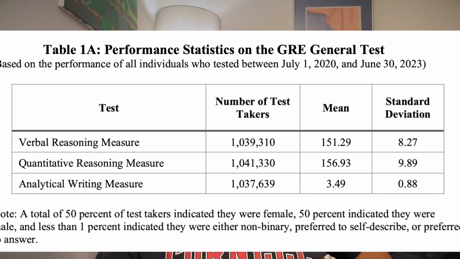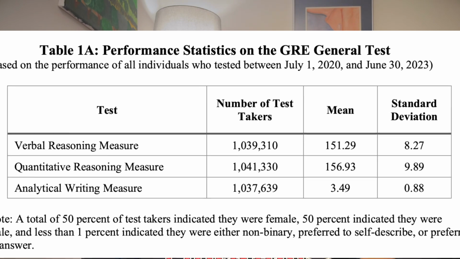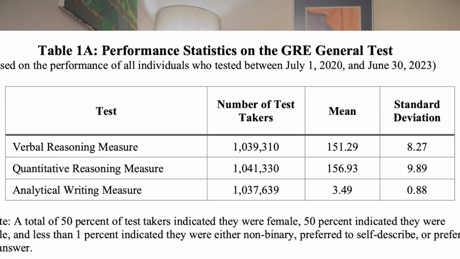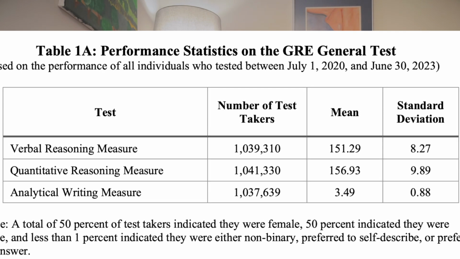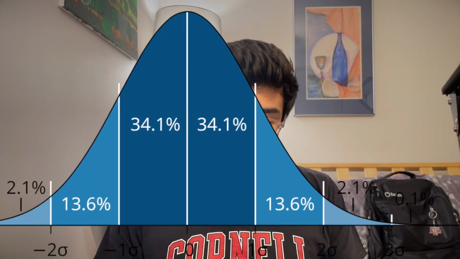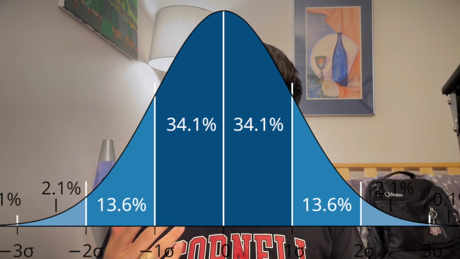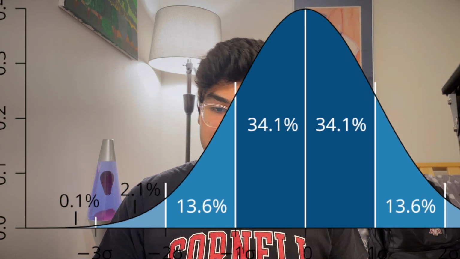They also have the standard deviations here, meaning that there's some deviation from these means, 151 and 156. For the analytical writing section, the average score is 3.49 with a standard deviation of 0.88. What these deviations mean is that there seems to be a lot of variability. Some people do a lot better on the verbal reasoning, some people do a lot worse, but on average, these are the scores.